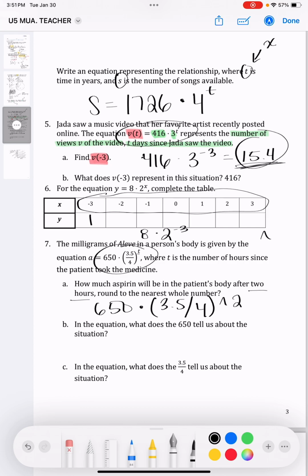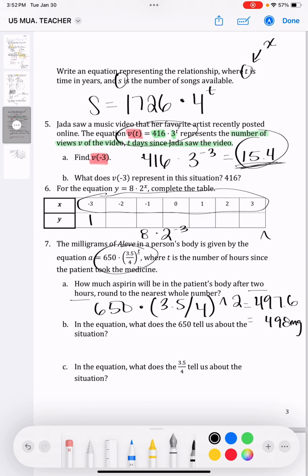And your final answer should be, let me go ahead and calculate this again. It should have been 497.65. And I asked that you round it to the nearest whole number, so you should have ended with 498 milligrams.